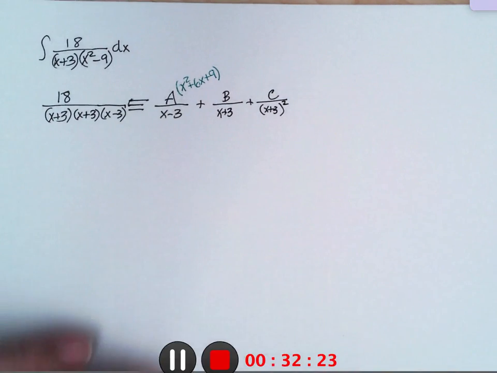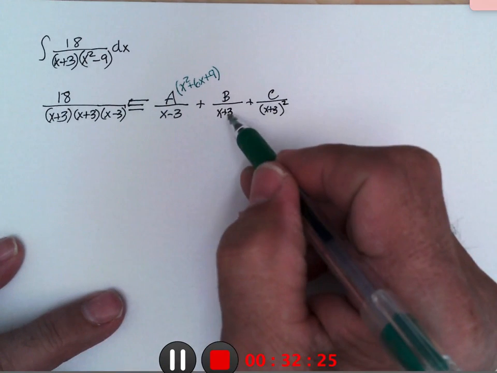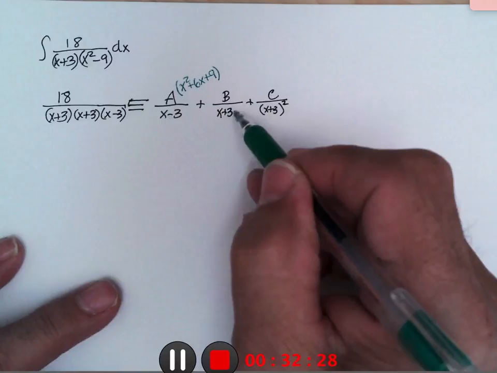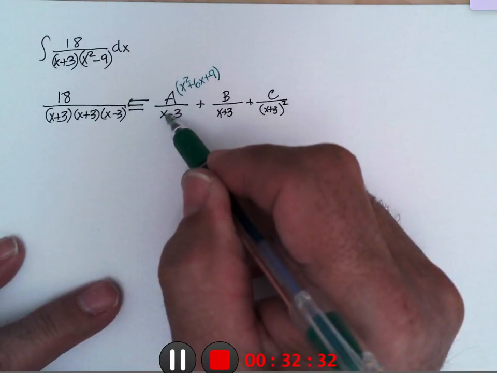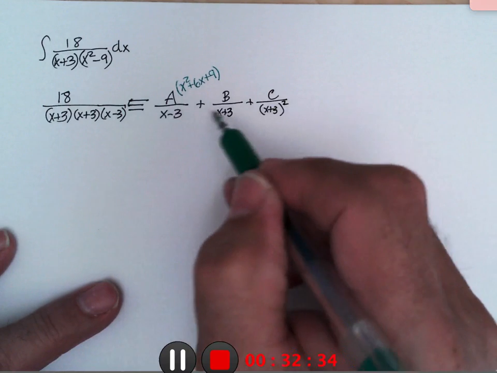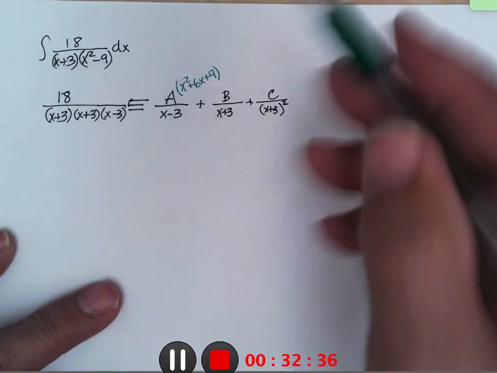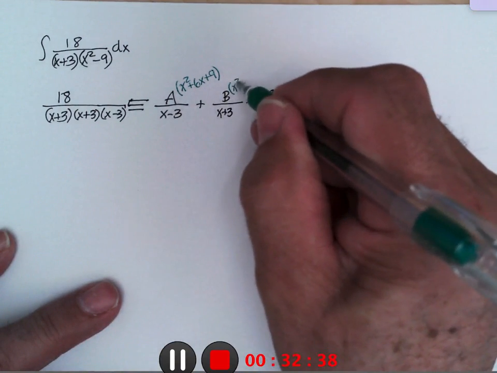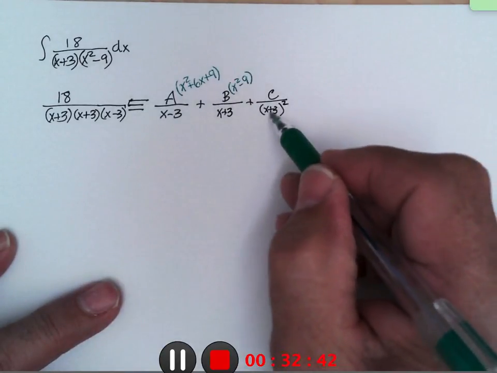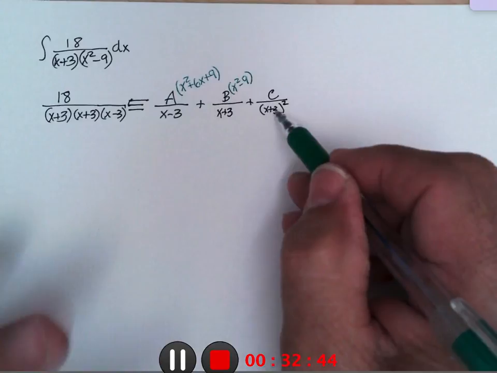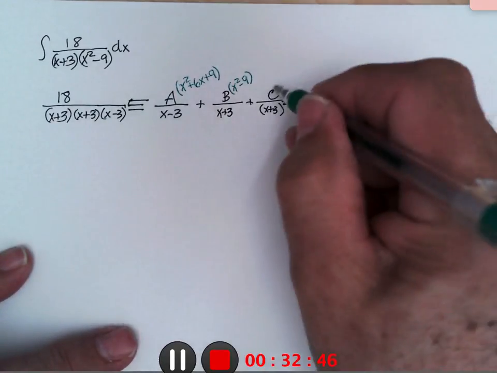This one is going to need another x plus 3, because this has 2 of them, and it needs an x minus 3. And hopefully you know an x minus 3 times an x plus 3 was x squared minus 9. And this one has two x plus 3s, it just doesn't have the x minus 3.